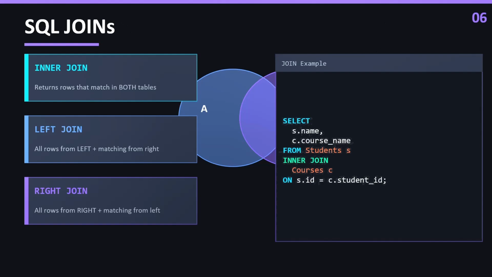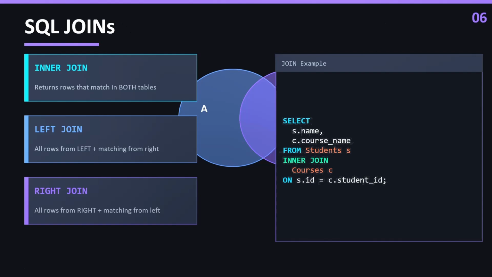Finally, one of the most powerful features in SQL: joins. Joins let you combine data from 2 or more tables. Here are some main types: inner join, left join, right join.